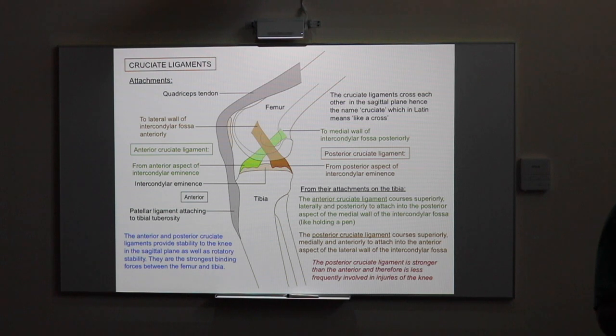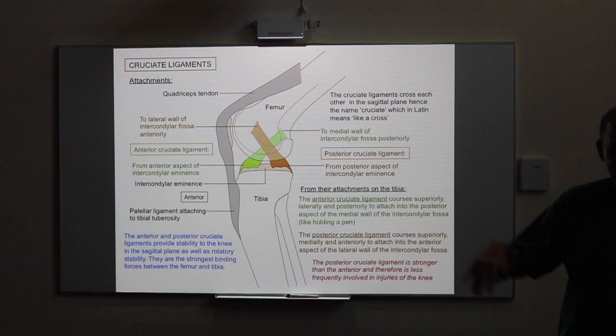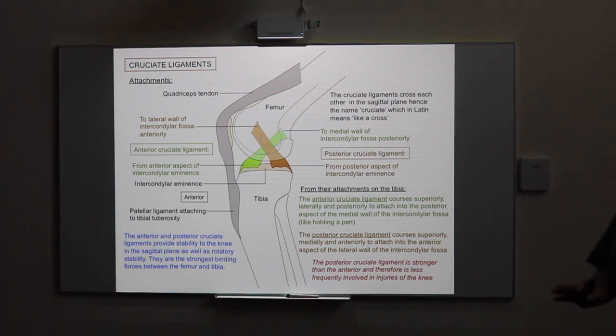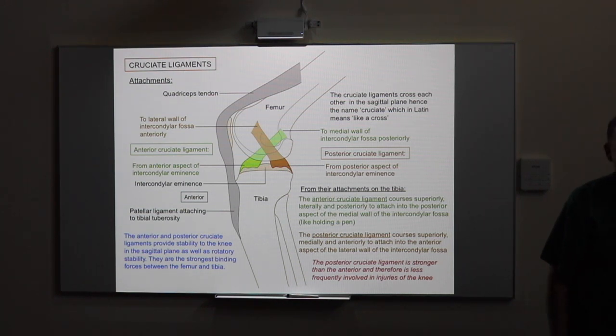So in extended form, most of the games are played. But in flexed form, none of the physical games are played. You cannot really flex your knee and start playing something. You cannot fly with this. So why is this one stronger? Because the flexed form is not used, the extended form is used. Got it?